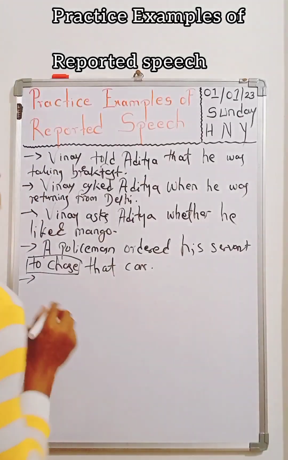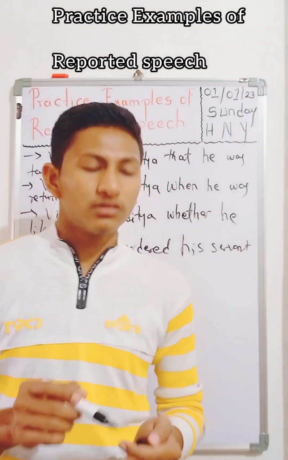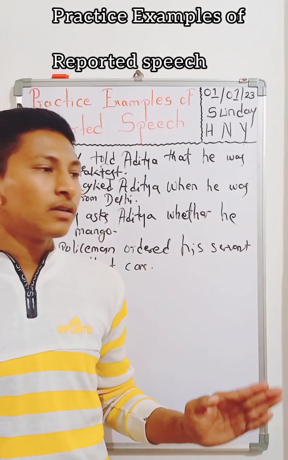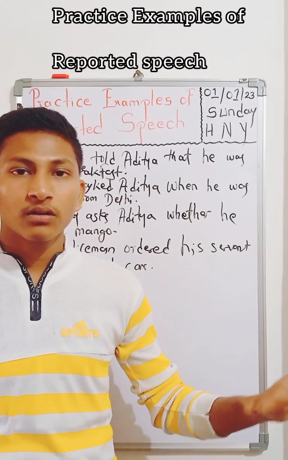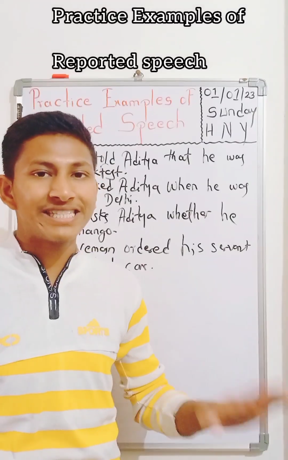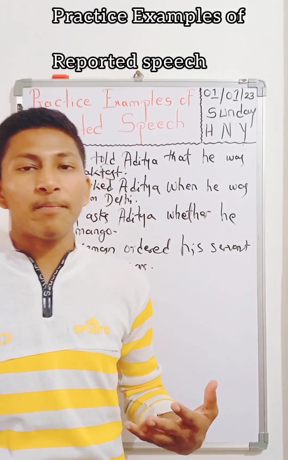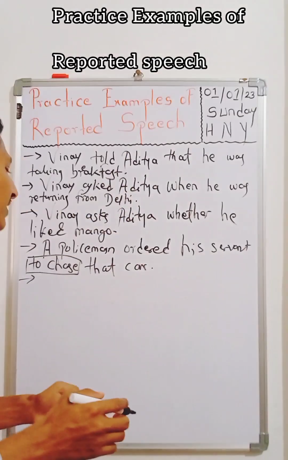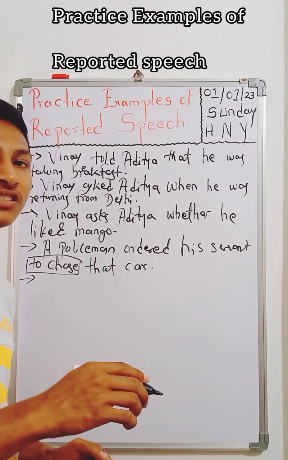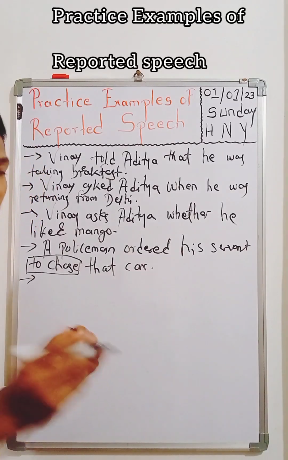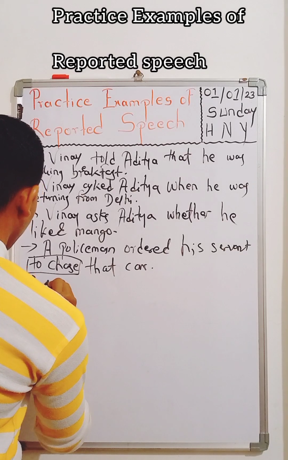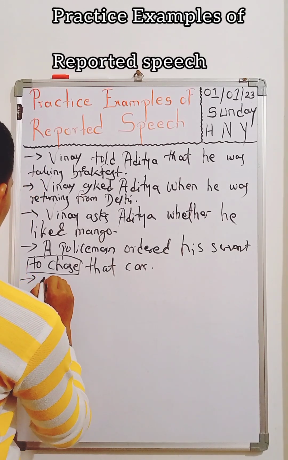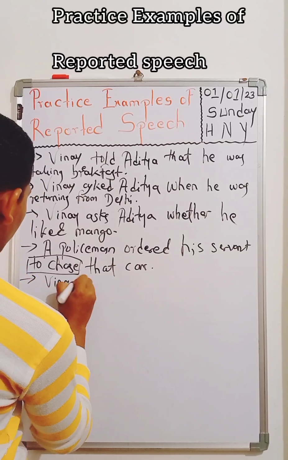As a question I will introduce: when I said to Ajit, wish you happy new year. How do we have to change that exclamatory sentence into indirect speech? Now look here on the board. Vinay wished.